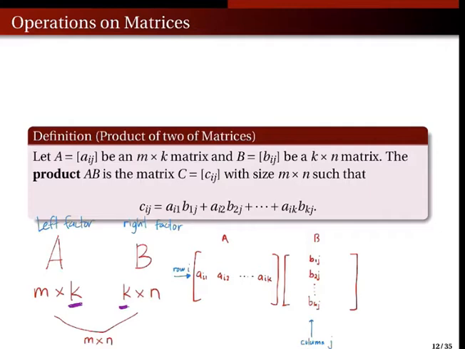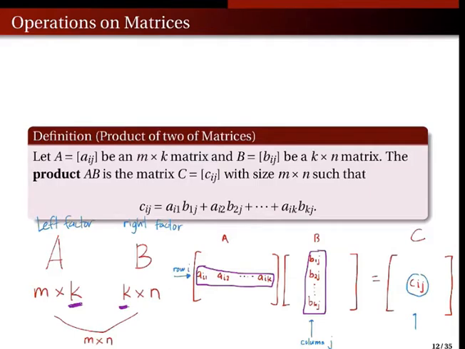So this row i on the left multiplied to column j of the right factor will only give you the Cij. Okay? So this is your capital C. This guy here is just the entry at ij. So that's a single entry.